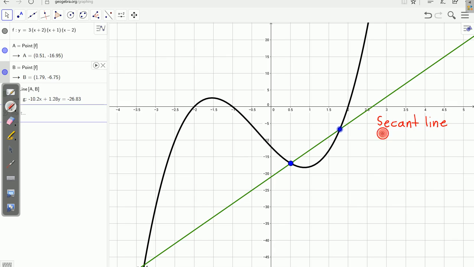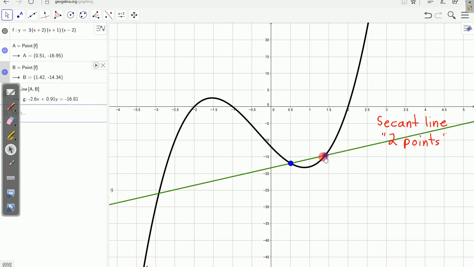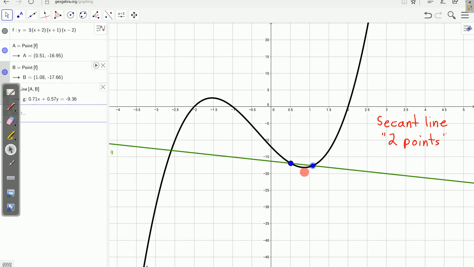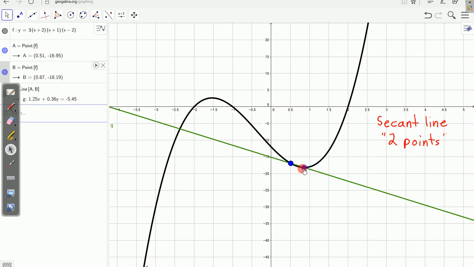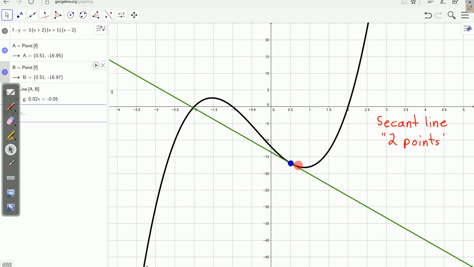Remember, a secant line is between 2 points. But if I take that secant line and I start moving these 2 points closer and closer together, eventually the 2 points meet, and we have the line through 1 point, and that is the tangent line. It's the line that only goes through 1 point.